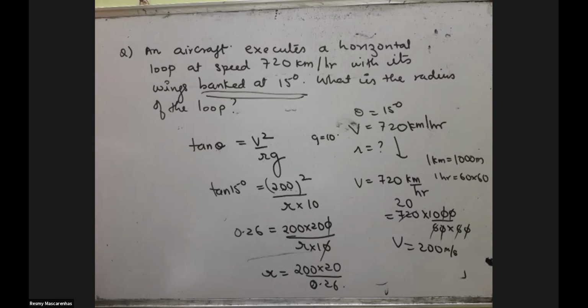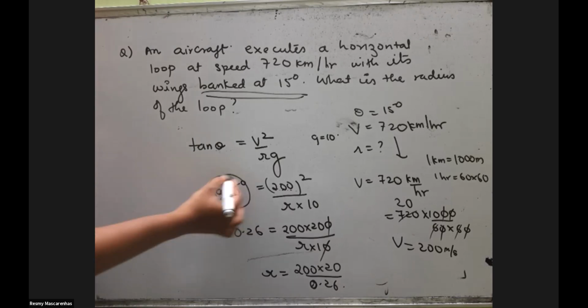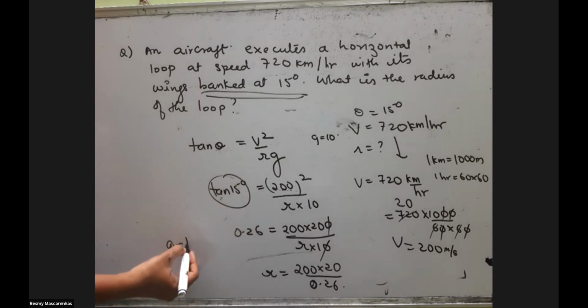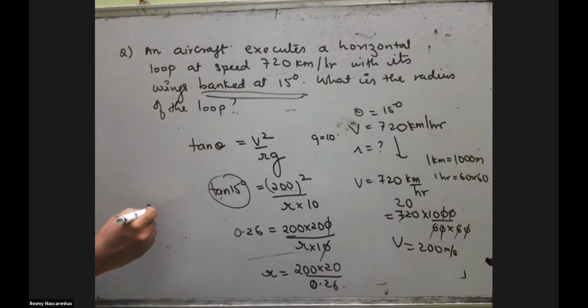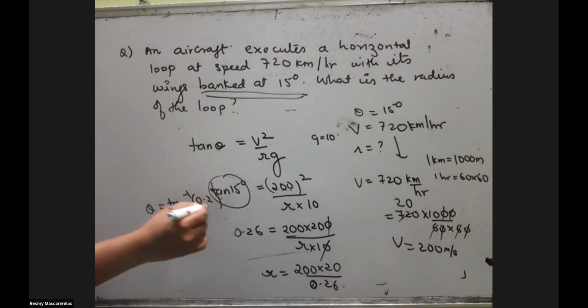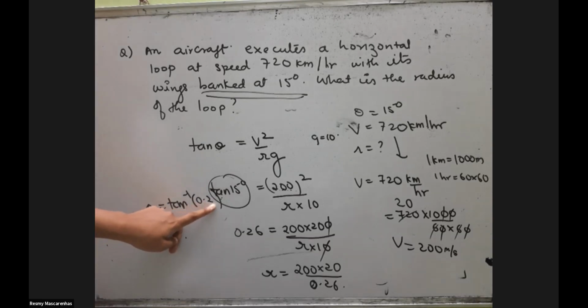Directly use your log table and you will get 0.26. That difference is there. This is what tan 15 I am finding. And arc tan means that will be tan inverse, that we have to do the opposite. Suppose if we have to find theta and tan inverse of something 0 point something, that is different.